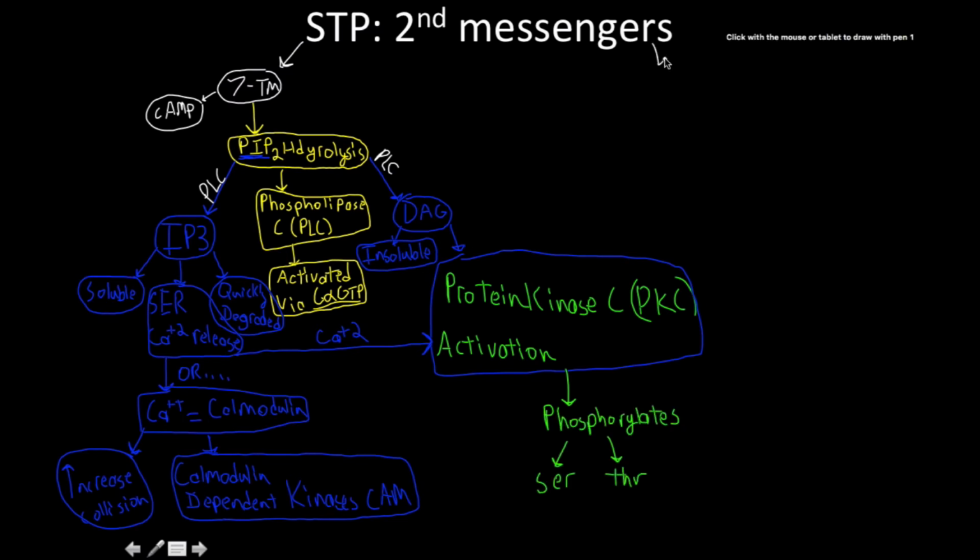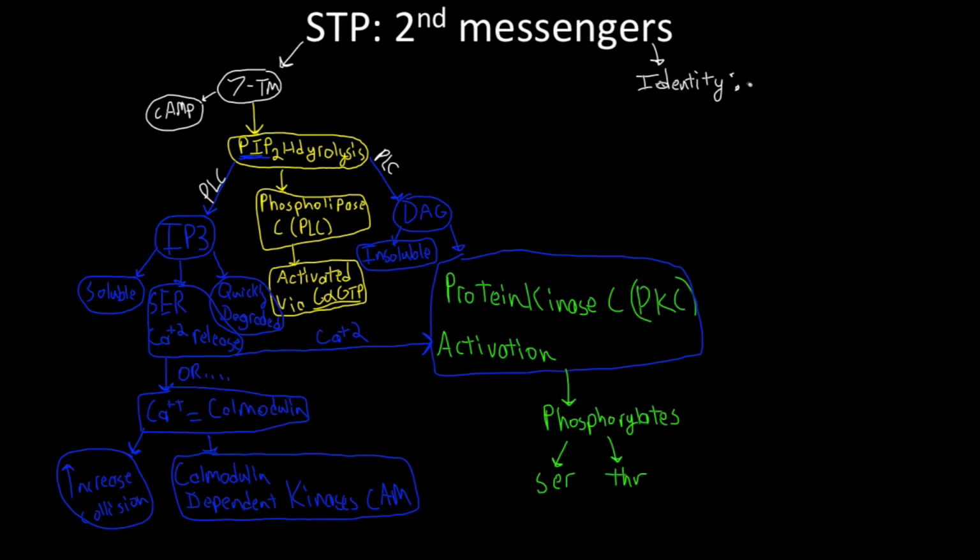The other thing I wanted to mention in this context was the identity of a secondary messenger. How do we identify and define what a secondary messenger is as opposed to a primary messenger? Primary messengers are things that usually bind to receptors on the cell surface, like proteins or hormones.